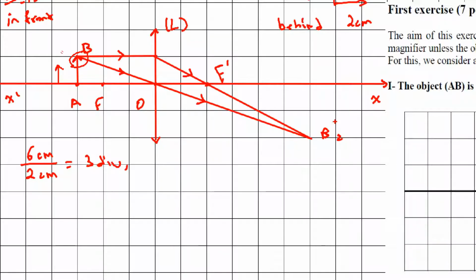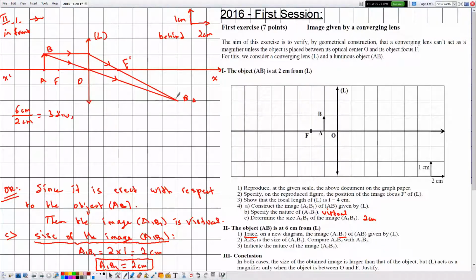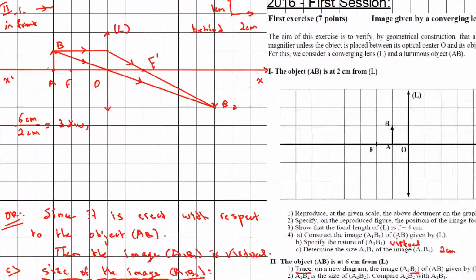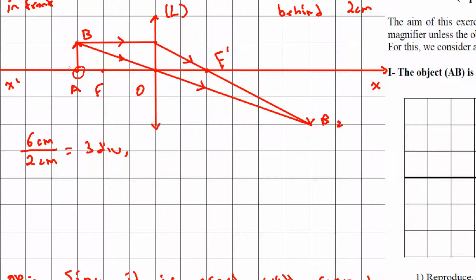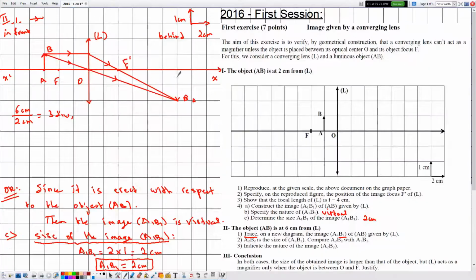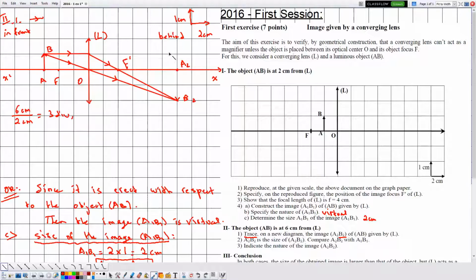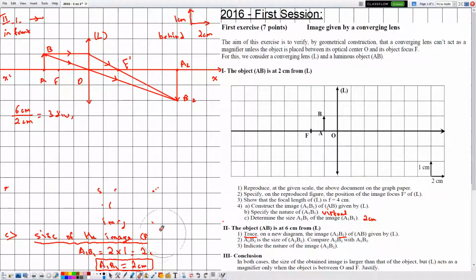Then we must place a hat on B2 directed away from the optical axis like this. Let's place the hat. Moreover, the point A here represents the foot perpendicular of B on the optical axis. Then A2, the image of A, will be the foot perpendicular of B2 on the optical axis. Now let's trace the image. This is it for part 1.